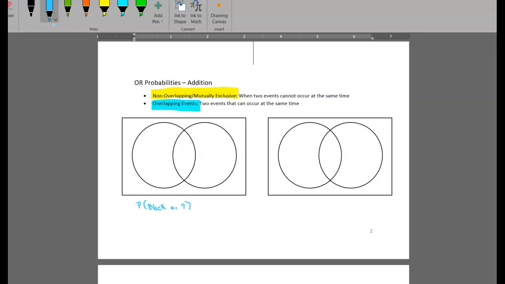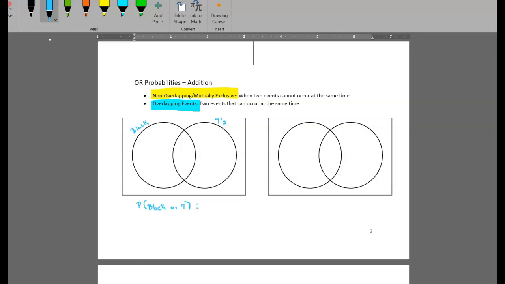Unlike with the and probabilities, the word or always has to be written to indicate that it's an OR probability. Okay, so let's think about this back to our Venn diagram. So let's suppose that this circle is black and this circle is the 7s.